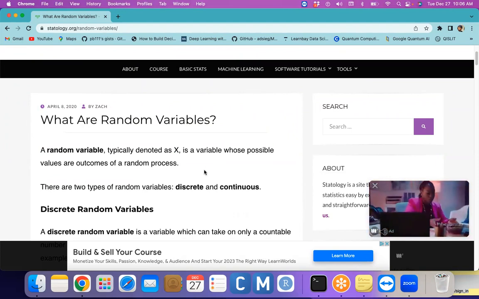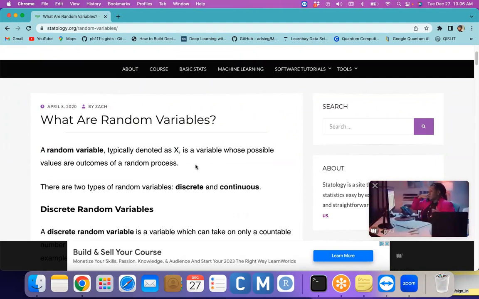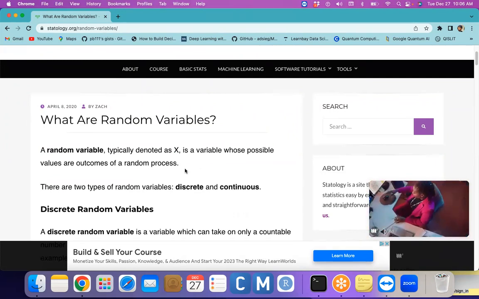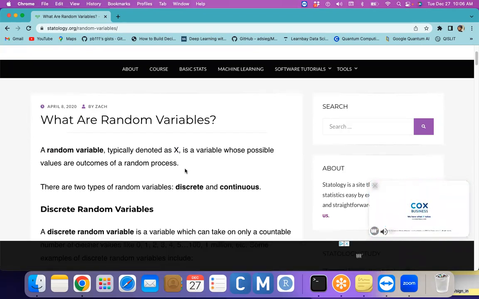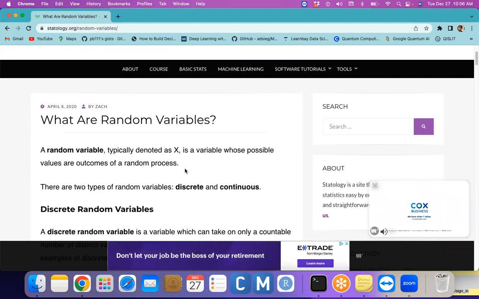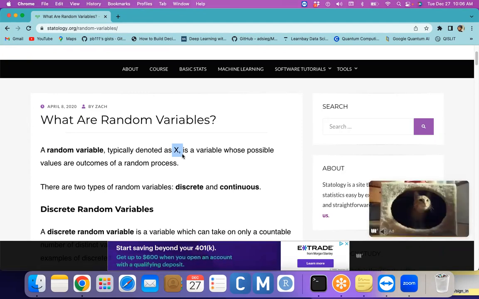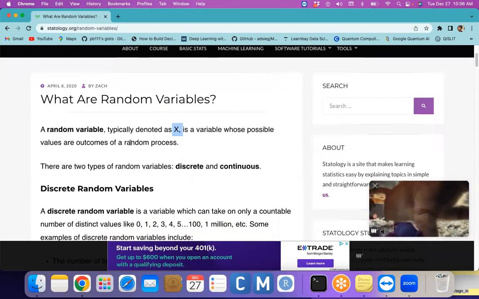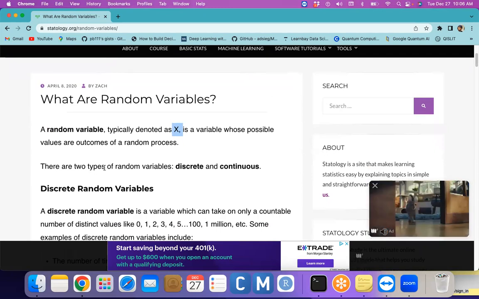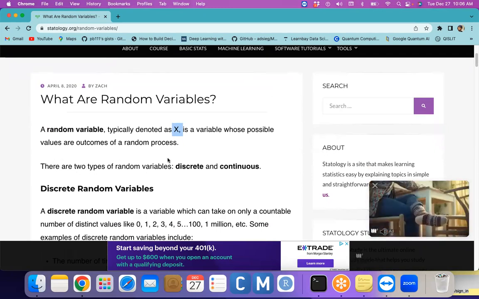When you do one experiment, you get some result, and you might do that experiment multiple times. For each time we get some result, we hold that result in a specific variable, and you can name it anything, but usually we denote it with capital X. This variable can hold different kinds of data.